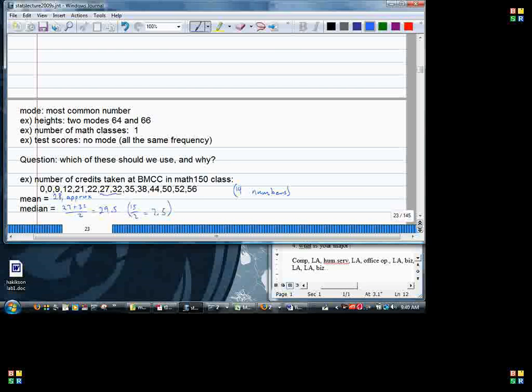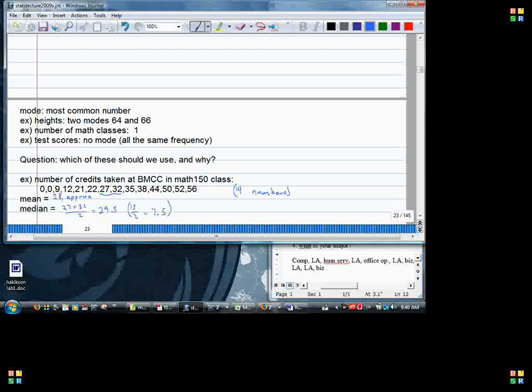It's what is the 7.5 number? Right. Okay. So now if I said how many credits were taken, well, if I said the median was 29.5, that looks like a reasonable estimation of this data.